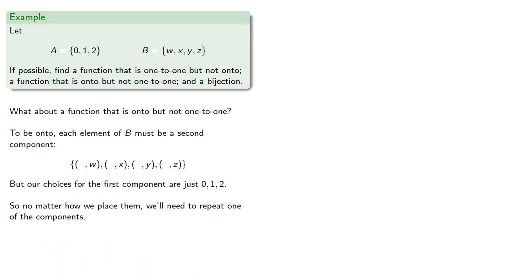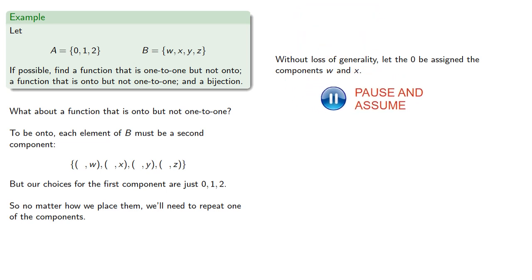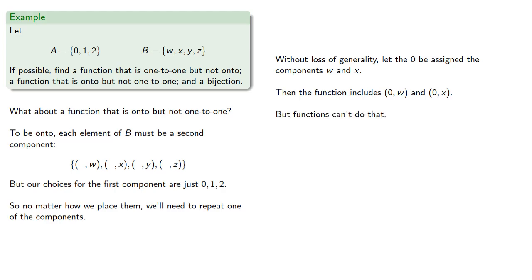Now we really should prove that, so let's think about this. Without loss of generality, let 0 be assigned to the components w and x. Then the function includes the ordered pairs 0w and 0x. But functions can't do that. We can't have a different second component for the same first component.